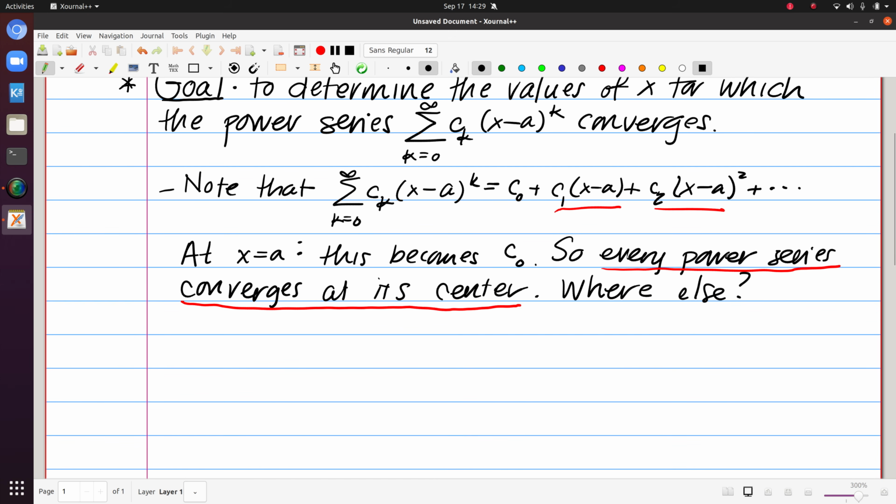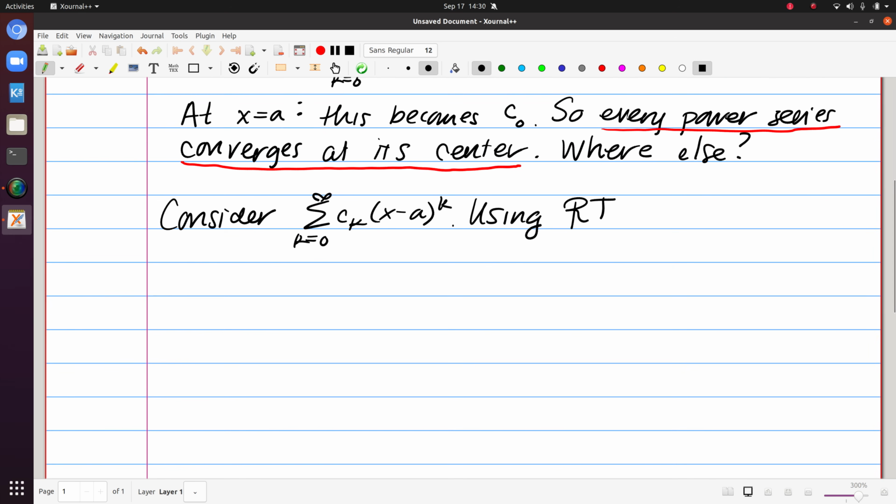So let's look at a general power series, same thing. Consider our general c sub k times x minus a to the k. Using the ratio test, we can consider what that L value, the limit, would be. So the ratio test would give me the limit as k approaches infinity of the absolute value. Here, the k plus first term would look like c sub k plus 1 times x minus a raised to the k plus 1. And I'm dividing by the kth term, which is exactly the one that I see.